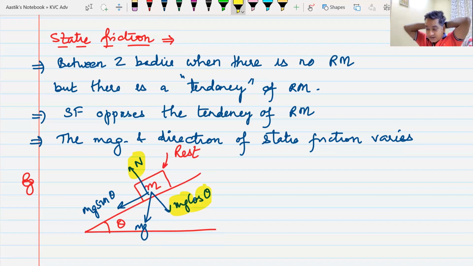But as you can see, I have written it at rest. It does not move. Why does it not move? Something must stop it. What is stopping it?